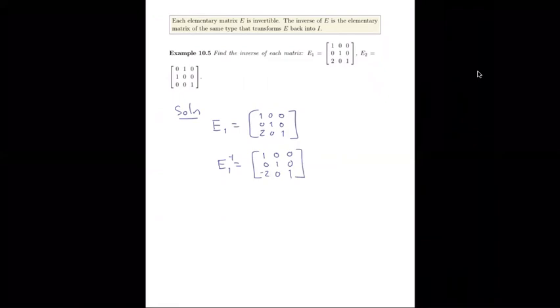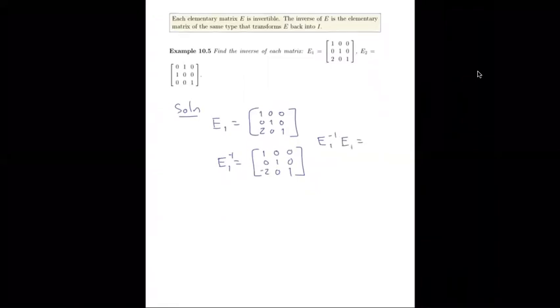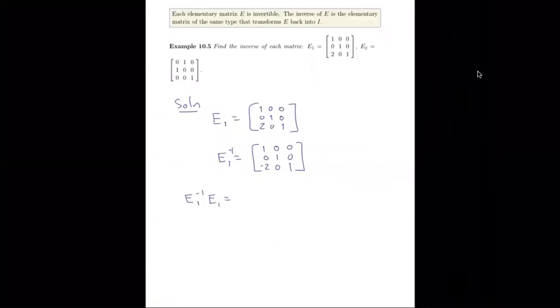And just to check that this is the case, what we should write is E1 inverse times E1. And we should check both sides, of course, but this matrix product written down below should yield the identity matrix. And I think if we write it down and carry out this product, we'll see that we do have that result.